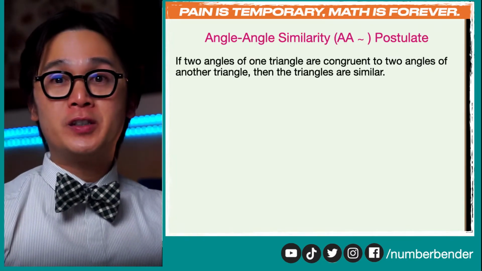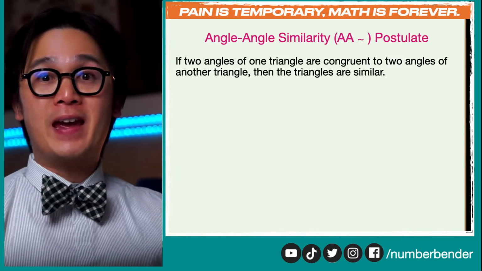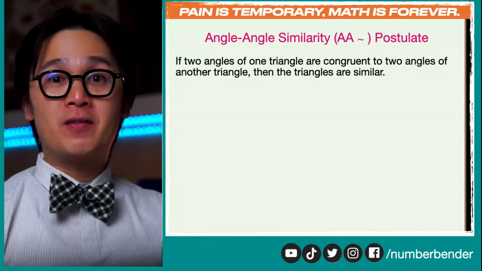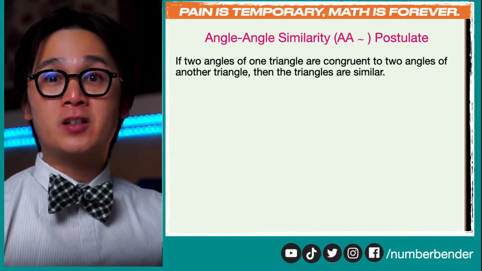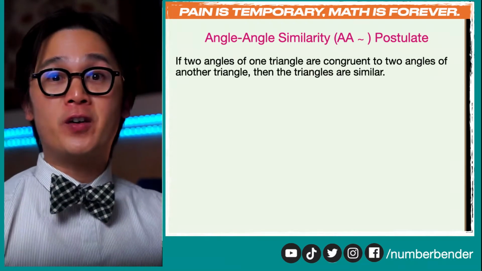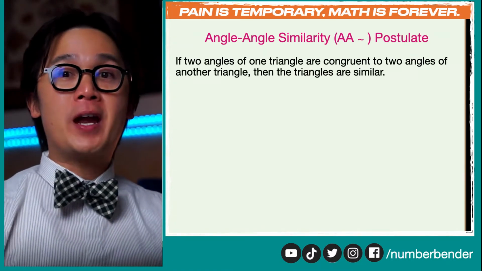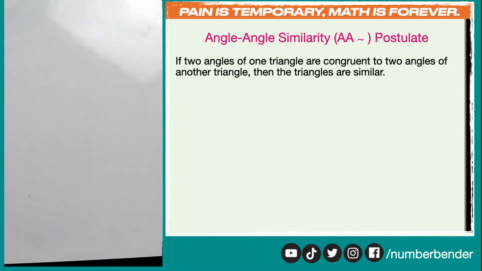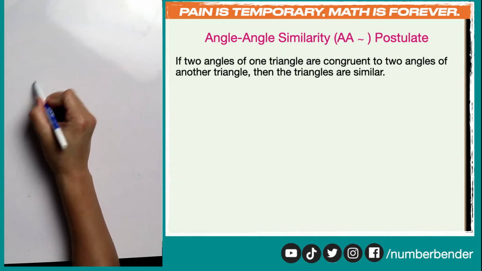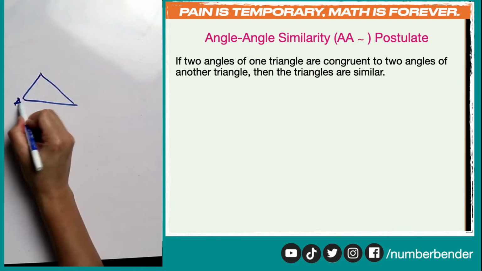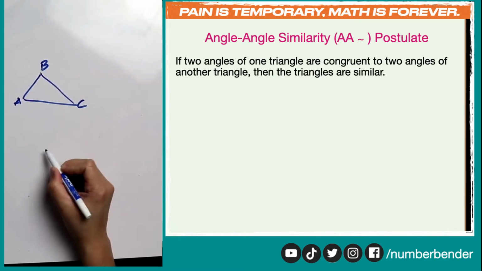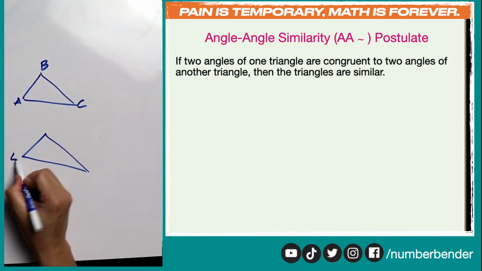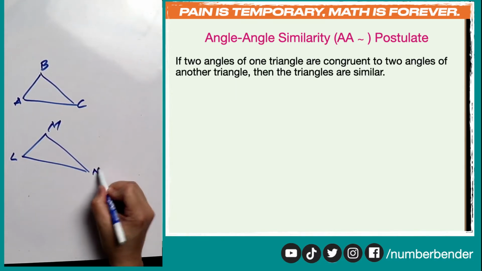In this first postulate that we're going to be using, we have the angle similarity postulate, which says that if two angles of one triangle are congruent to two angles of another triangle, then the triangles are considered to be similar. So if we visualize the two triangles, let's say I have triangle ABC and triangle LMN.